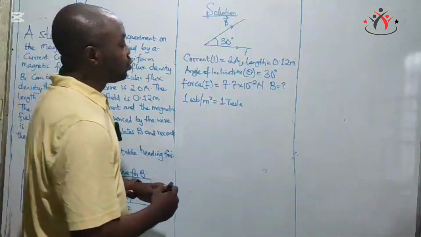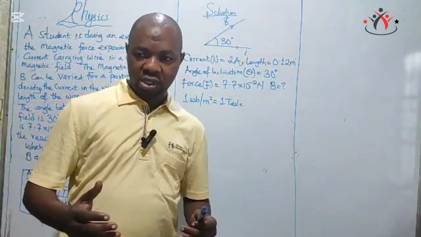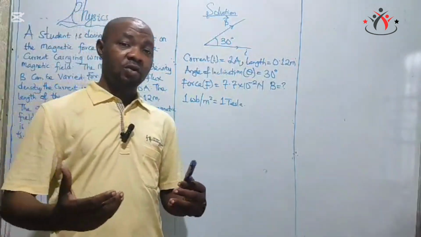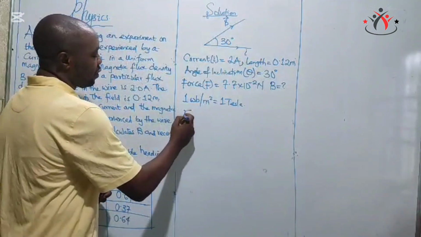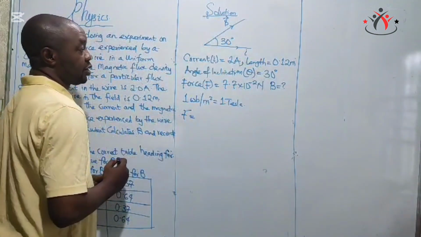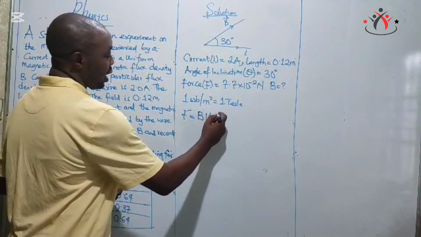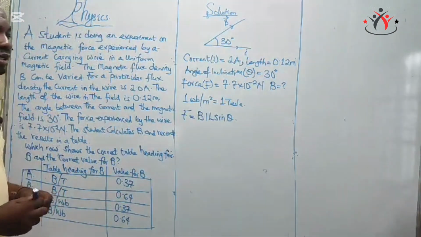So to be able to calculate B, what is the formula for calculating the force on a wire carrying current in a magnetic field? The formula is F equals BIL sine theta.